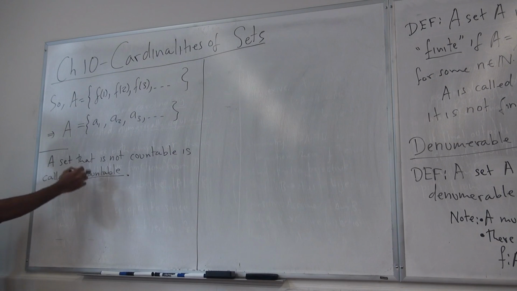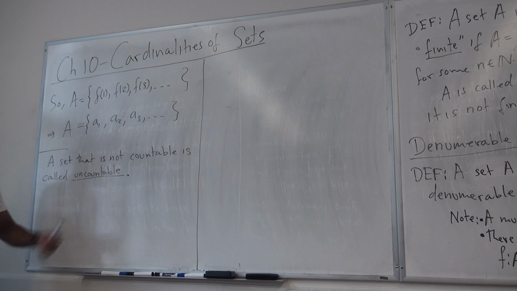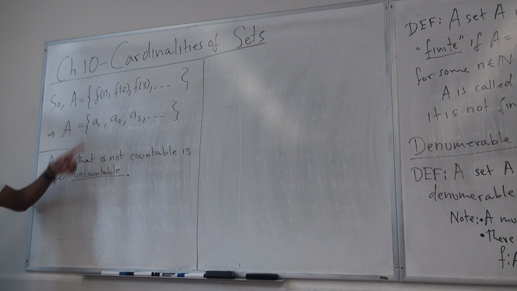Every list you can possibly make for these, you'll always be missing someone, in fact an infinite number of elements. You cannot list them. So that's crazy. They're actually a lot bigger than these ones.